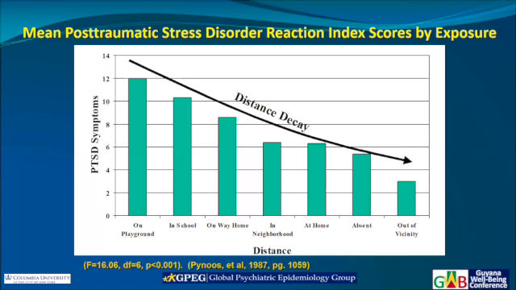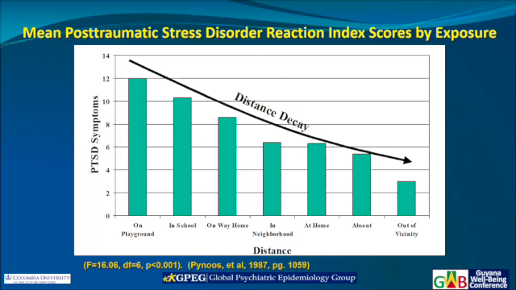What we were expecting to find is something that Pynoos found. Pynoos was one of the first to analyze PTSD in any type of spatial domain. This was after a 1984 school shooting in California. What he found was a distance decay of PTSD.